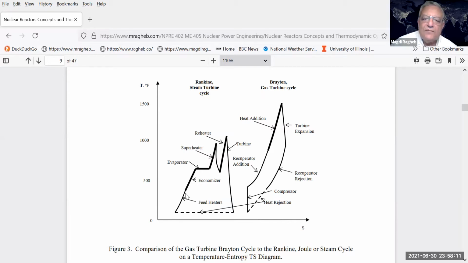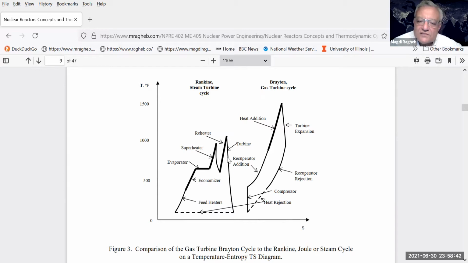So in a steam cycle, you evaporate the water by adding heat, adding latent heat of vaporization. This is on what we are going to call the TS diagram, temperature against entropy. Once you reach the saturation line for the water, you can superheat it, send it to a turbine, expand it in a turbine, then reheat it again and expand it back in the turbine.